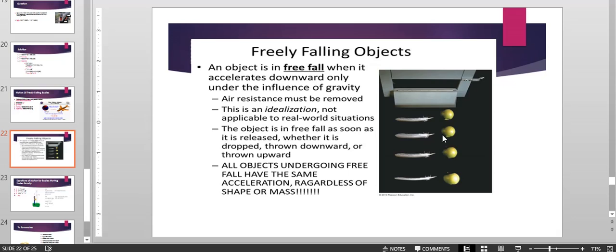Definitely, one can say that the apple will reach the surface earlier due to its high weight. But Galileo noticed that both the objects hit the surface at the same time. By this, we conclude that all objects undergoing free fall have the same acceleration, regardless of shape or mass.